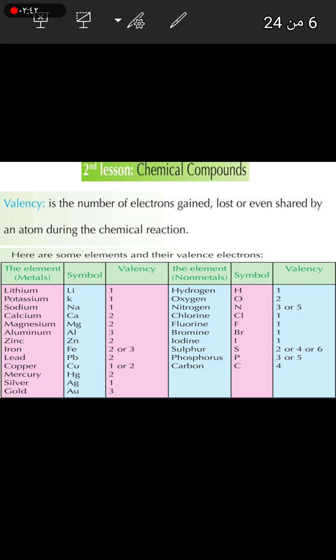It means that iron during the chemical reaction loses 2 or 3 electrons. When the iron atom loses 2 electrons, it changes into ferrous iron. When it loses 3 electrons during the chemical reaction, it changes into ferric iron. Ion, okay, not atom.